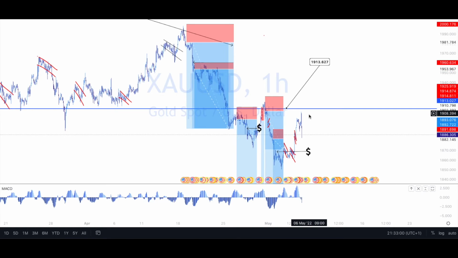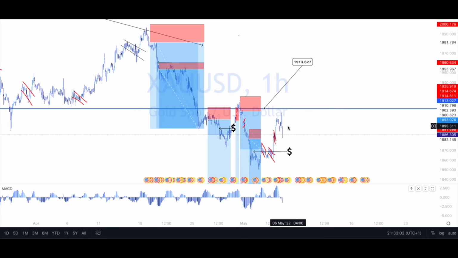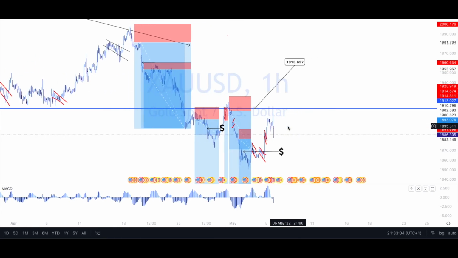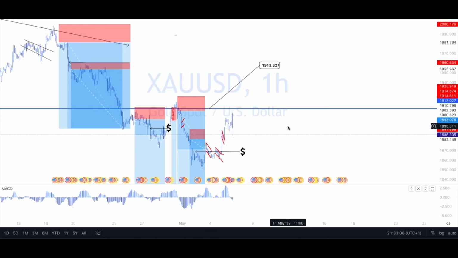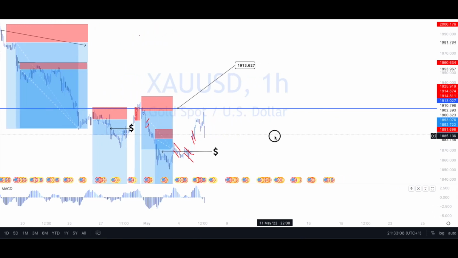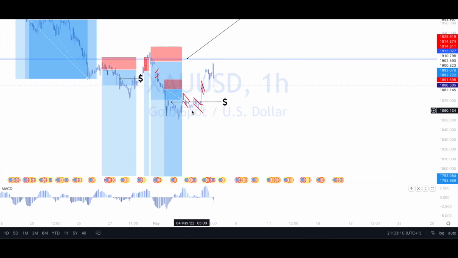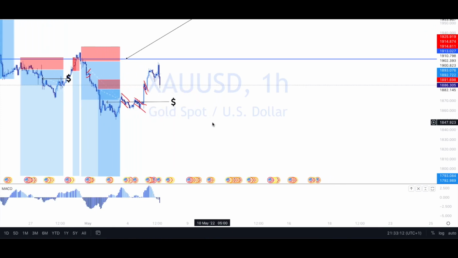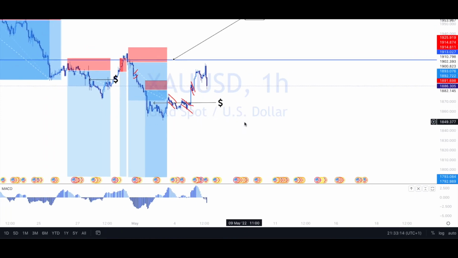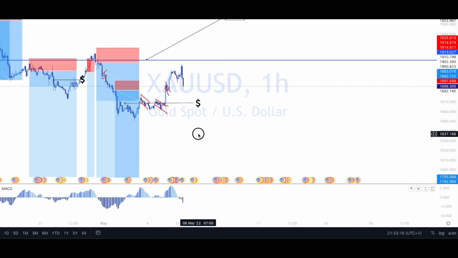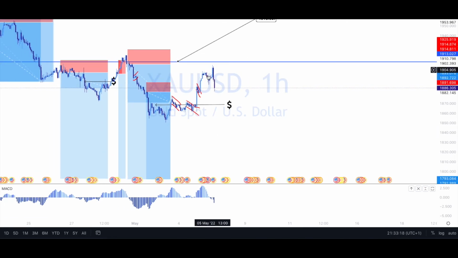Okay, so this move over here is a very, very positive sign that price is coming down. And you see this little move over here, I'm going to show it to you again right here.